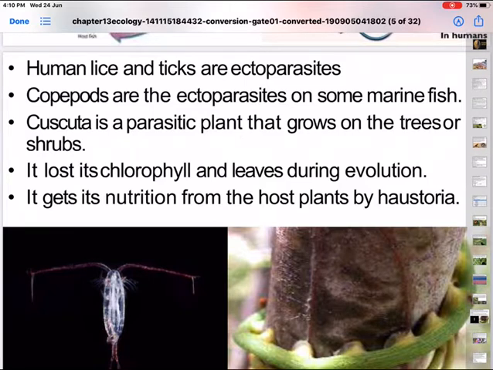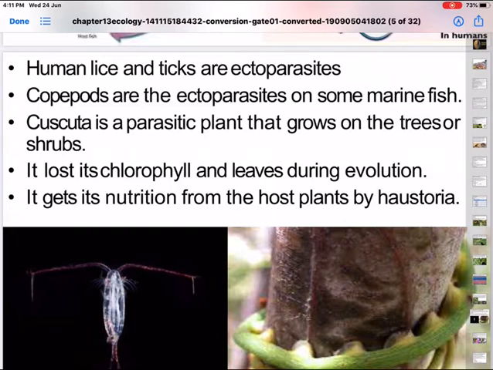Of course, there are endoparasites like worms. That is Aschelminthes. We talked about it in class 11th classification. If you recollect from your memory, we talked about the phylum Aschelminthes. So these helminths, worms will be there. They are endo. They stay inside our stomach and eat up the tissues.